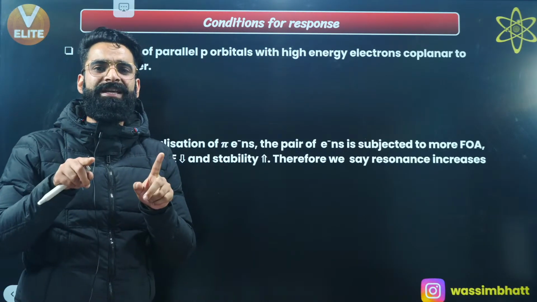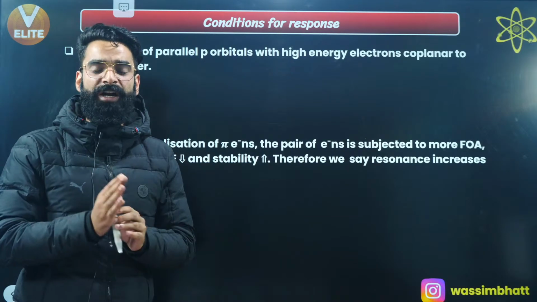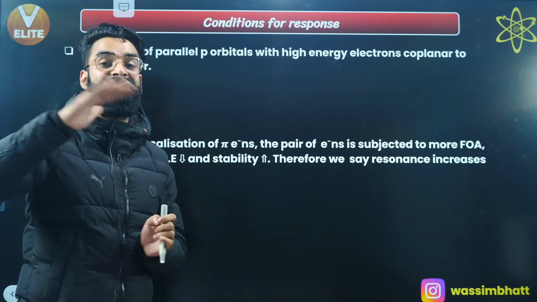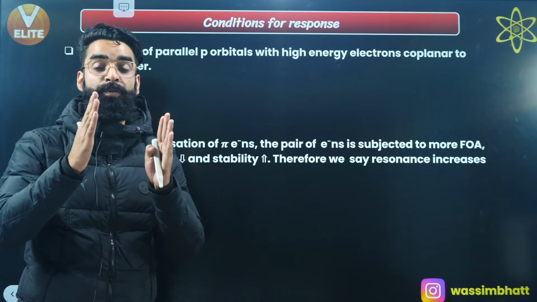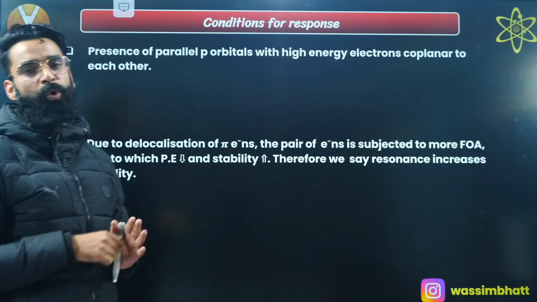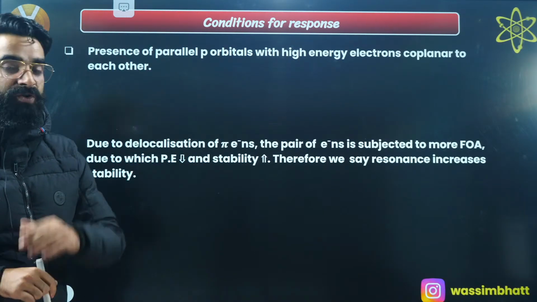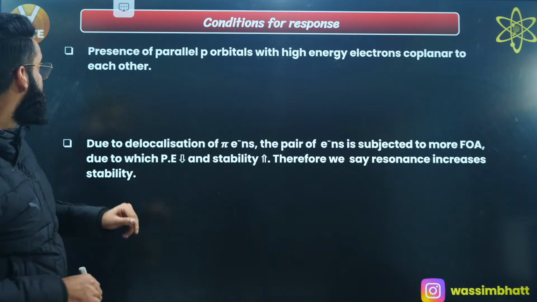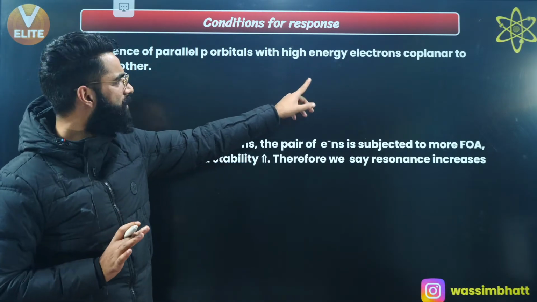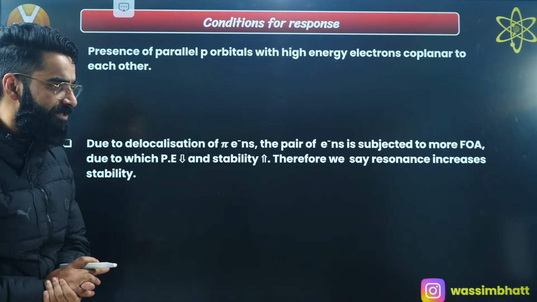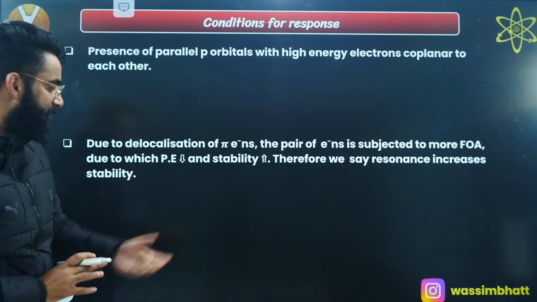Every carbon in benzene had a p orbital which was perpendicular to the plane containing the sigma bonds. So those p orbitals were parallel, and at the same time they were coplanar with each other as well. So for resonance to happen, there should be parallel p orbitals with high energy electrons, which must be coplanar to each other as well. And this is something which we have understood.